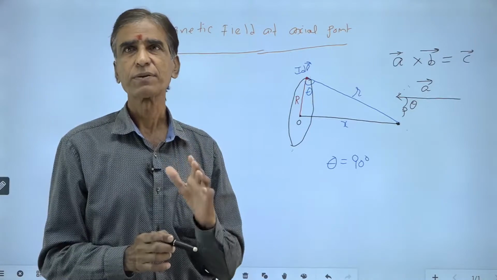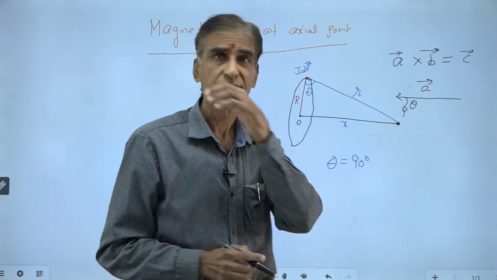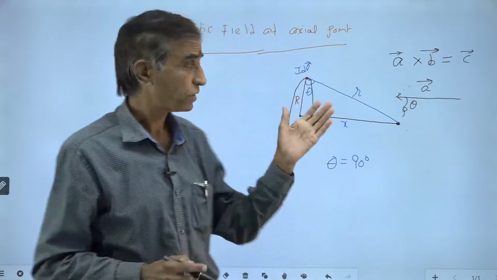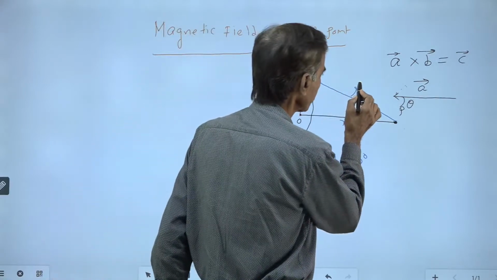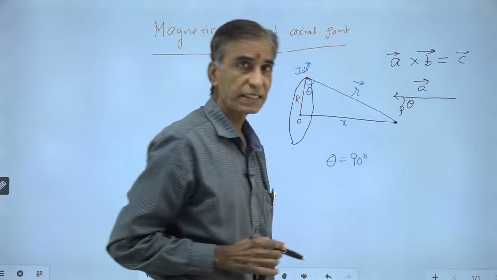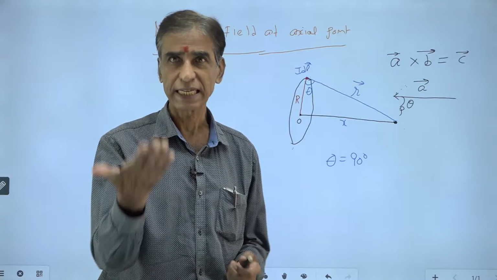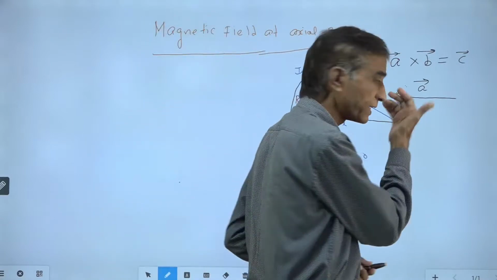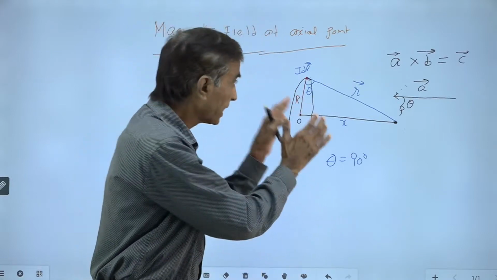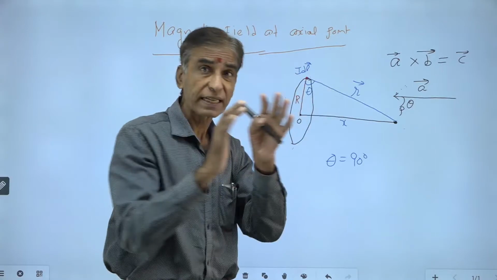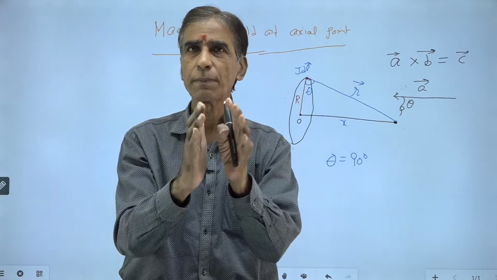Now we want to find the direction of the magnetic field at this point. This is our dl vector and this is our r vector. Using the right hand thumb rule, we can know the direction of the field. The field will be perpendicular to the plane in which I dl and r exist. They are on the board, therefore the field will be perpendicular to the board.